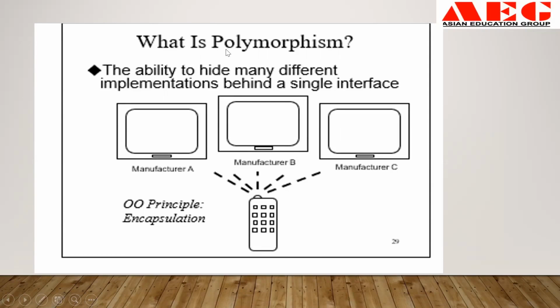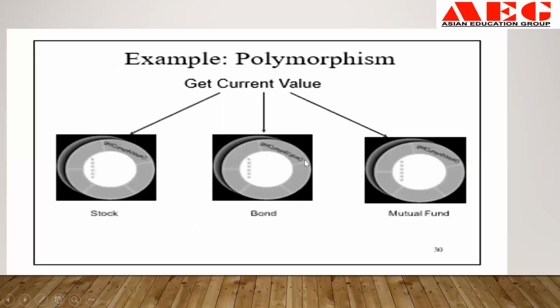Polymorph means many forms, so a particular thing can have different forms. This remote control will handle all these televisions created by different manufacturers.